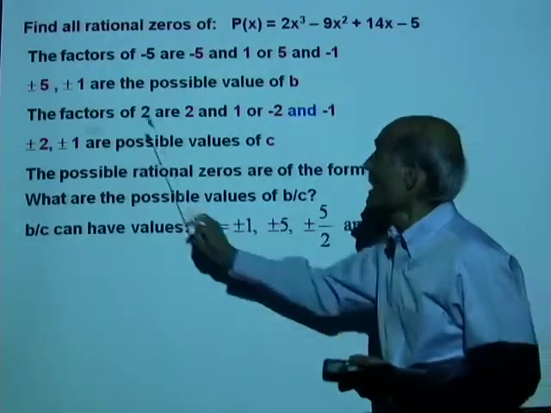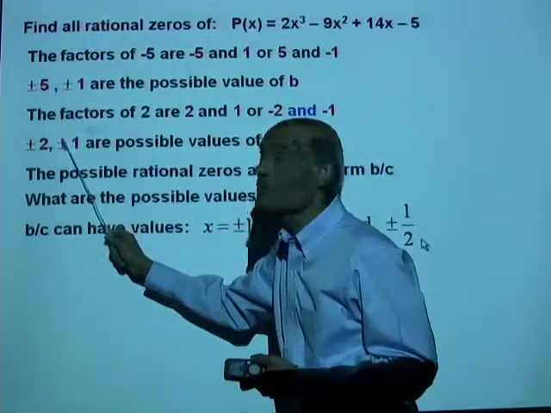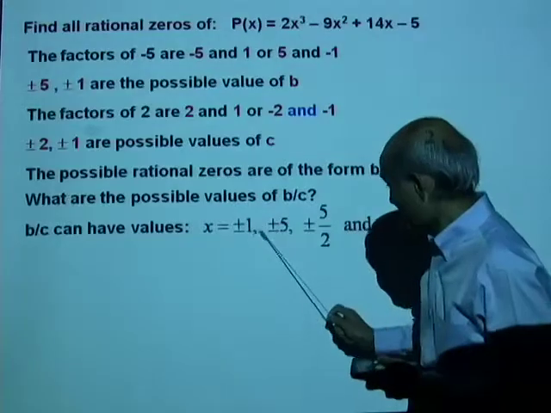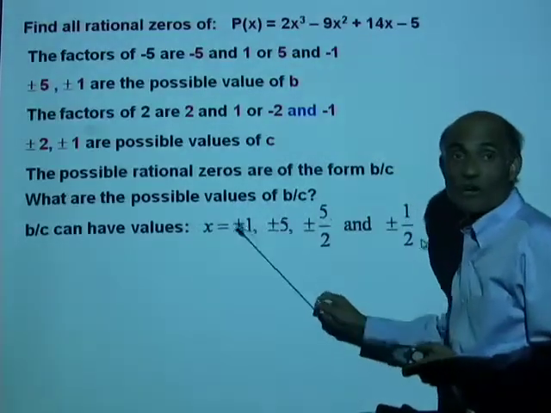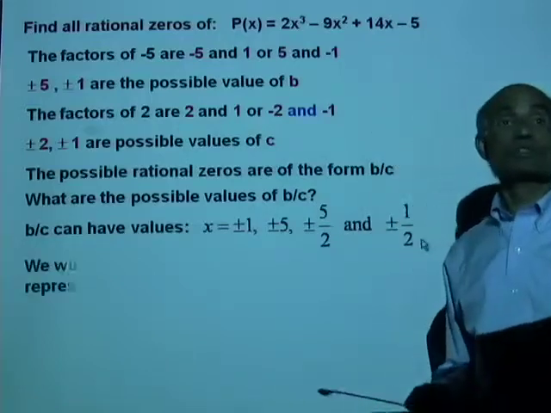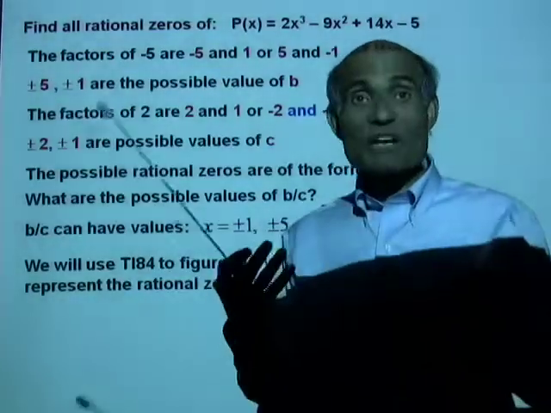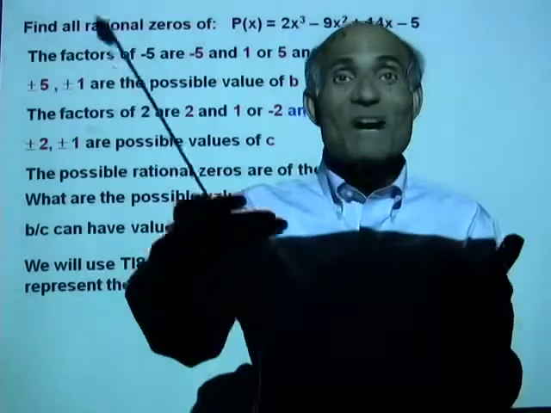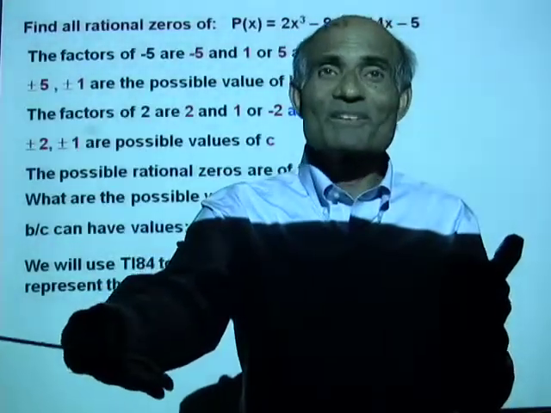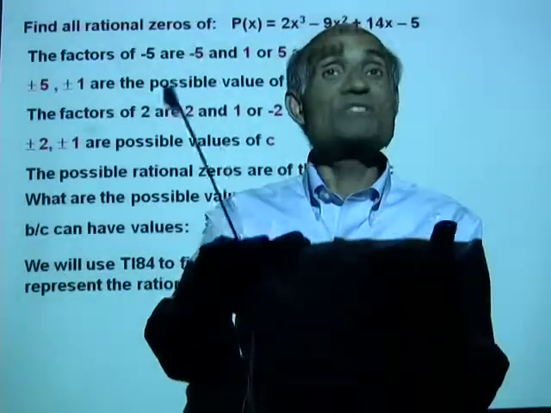Is that right? And plus or minus 5 is the numerator and plus or minus 1 is the denominator, then these are the zeros. So these are the possible rational zeros of the polynomial. Now remember, a rational zero is also a real zero. You see, 5 is a rational number because 5 is 5 over 1.